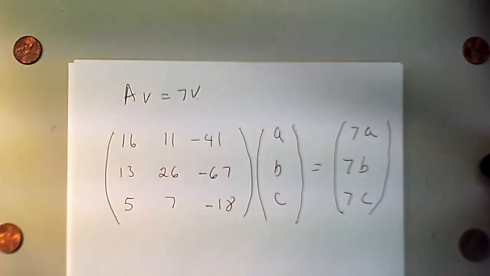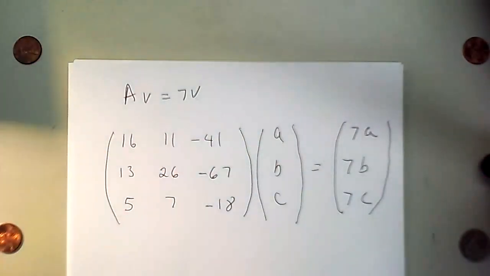That's the whole point of an eigenvector corresponding to the eigenvalue 7.